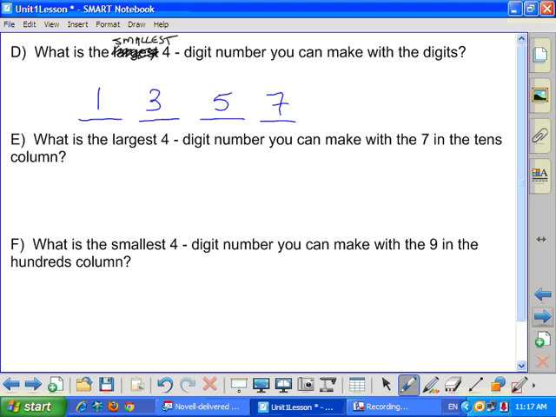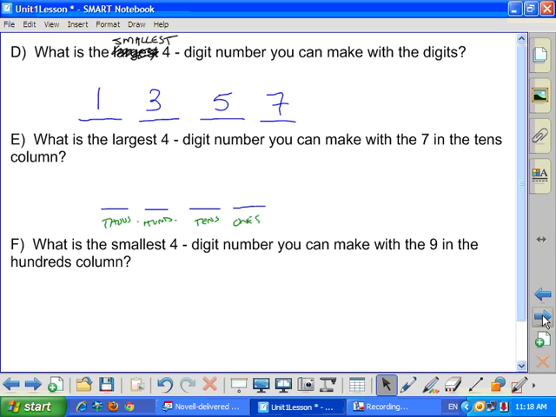All right. Now, E, what is the largest 4-digit number you can make with the 7 in the tens column? So it's a 4-digit number. We have ones, tens, hundreds, thousands.